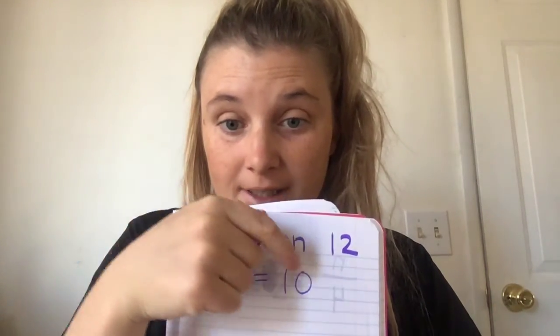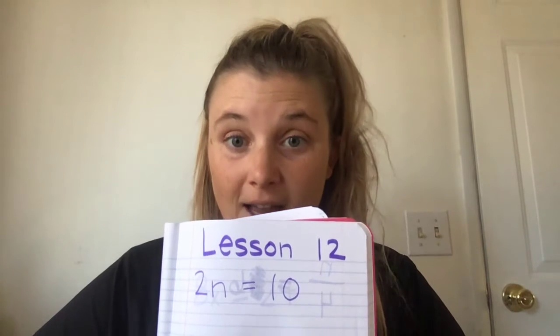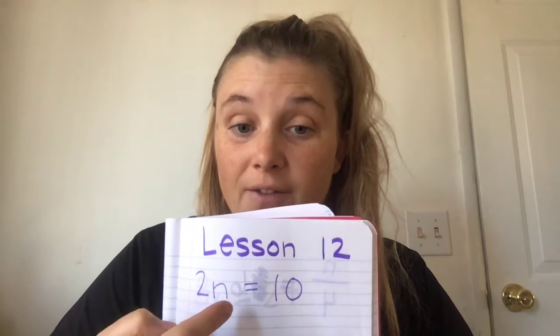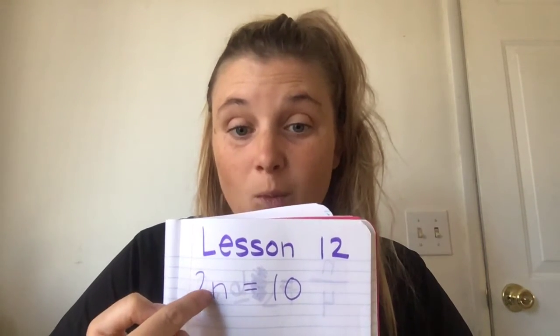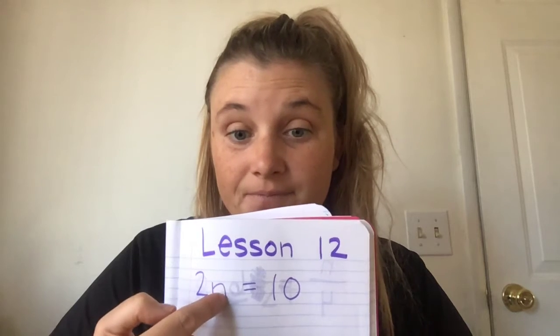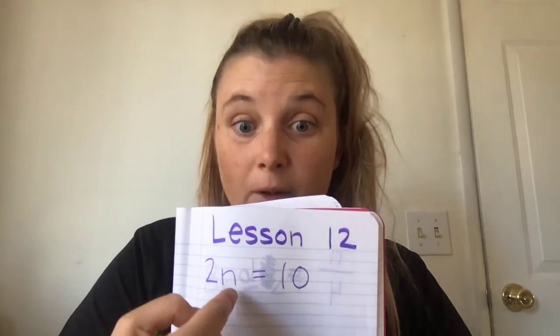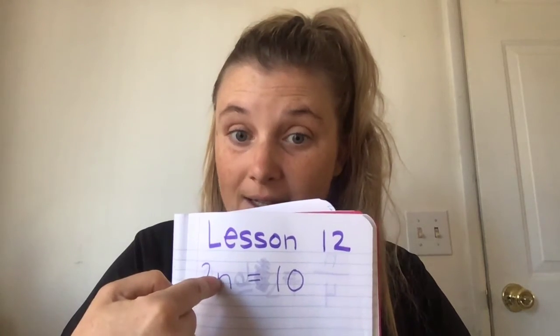2n equals 10. Last time we learned that when there's a letter in our problem, we're trying to figure out what that letter means, right? What does that letter represent? We're going to make this side of the equal sign equal this side of the equal sign, right?